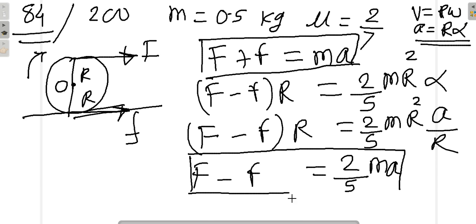Now let us subtract these two and find the value of the force of friction, small f. We are interested in getting the answer in terms of mass. Acceleration should be eliminated. So let me rewrite these two equations separately: F plus f as ma and F minus f as 2 by 5 m a, and then we will proceed.